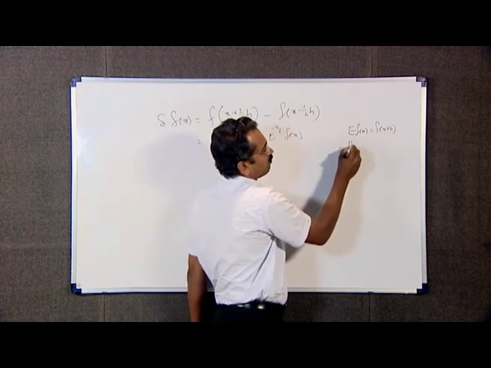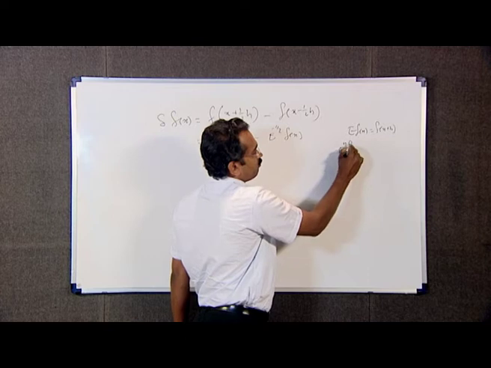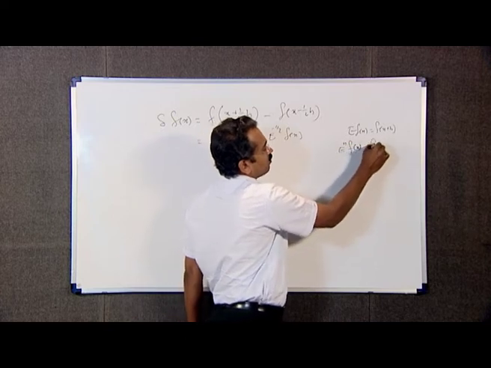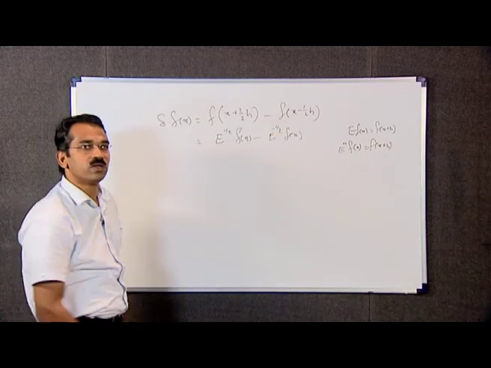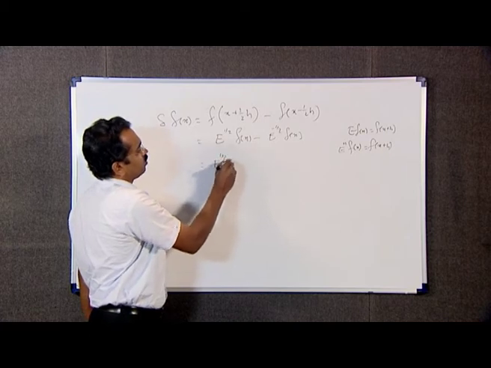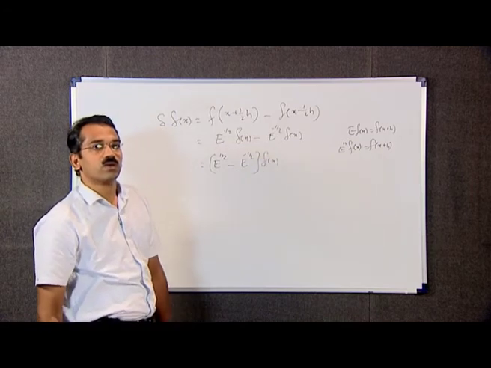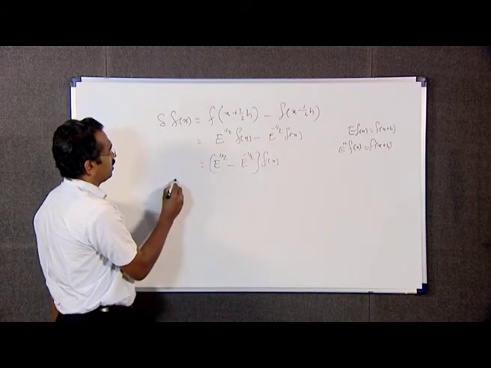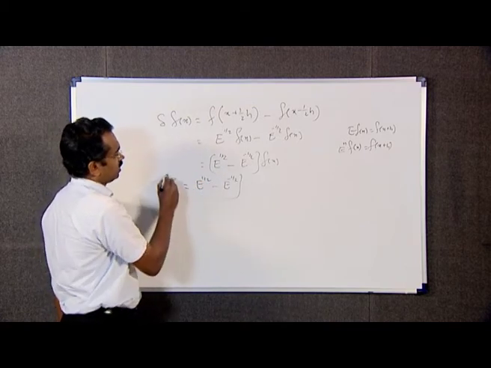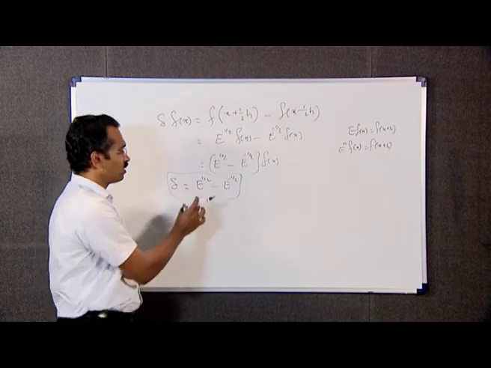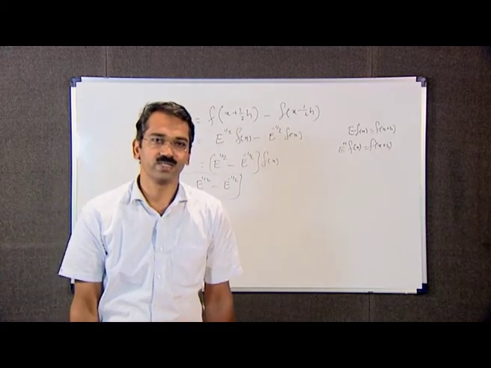In general, E raised to n f of x is equal to f of x plus nh. We use this definition, that is equal to e raised to 1 by 2 minus e raised to minus 1 by 2 of f of x. That is, we have the identity del is equal to e raised to 1 by 2 minus e raised to minus 1 by 2, an identity connecting the shift operator E and central difference operator del.